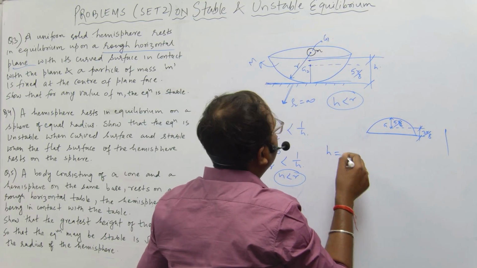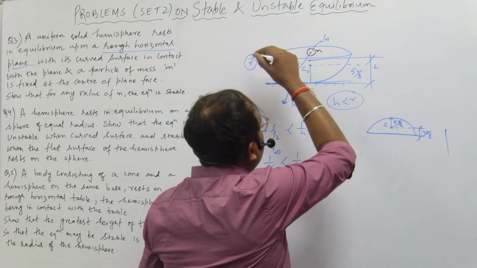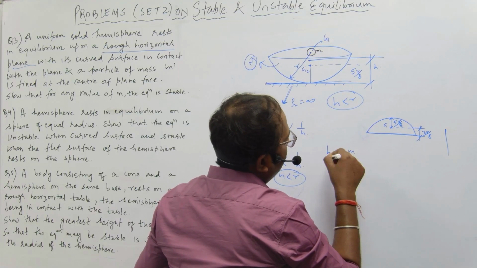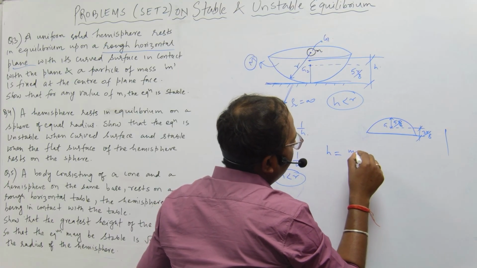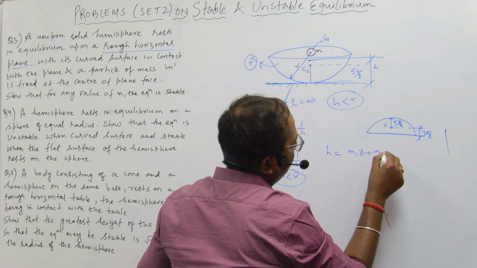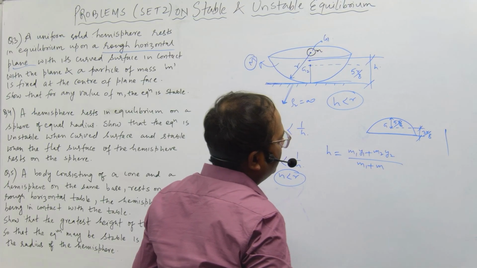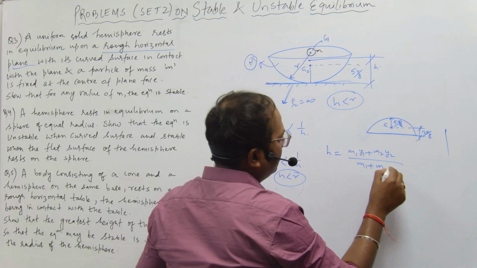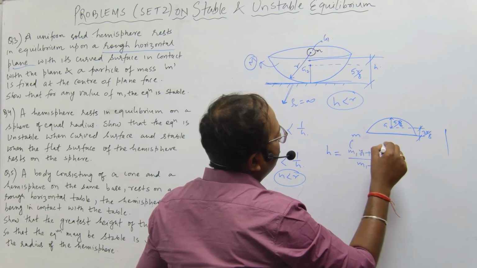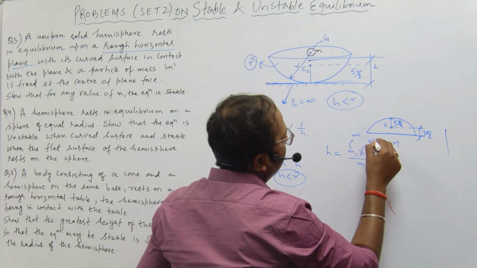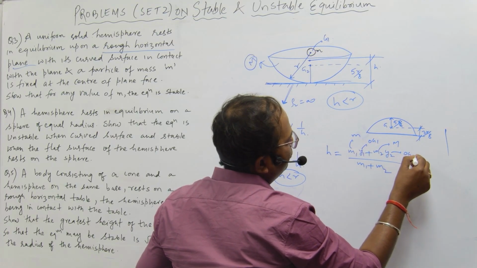So we have for the combined system, center of gravity will be m1 y1 plus m2 y2 upon m1 plus m2. Okay, so here m1 is small m, m2 is capital M, y1 is OG1 and y2 is OG2.